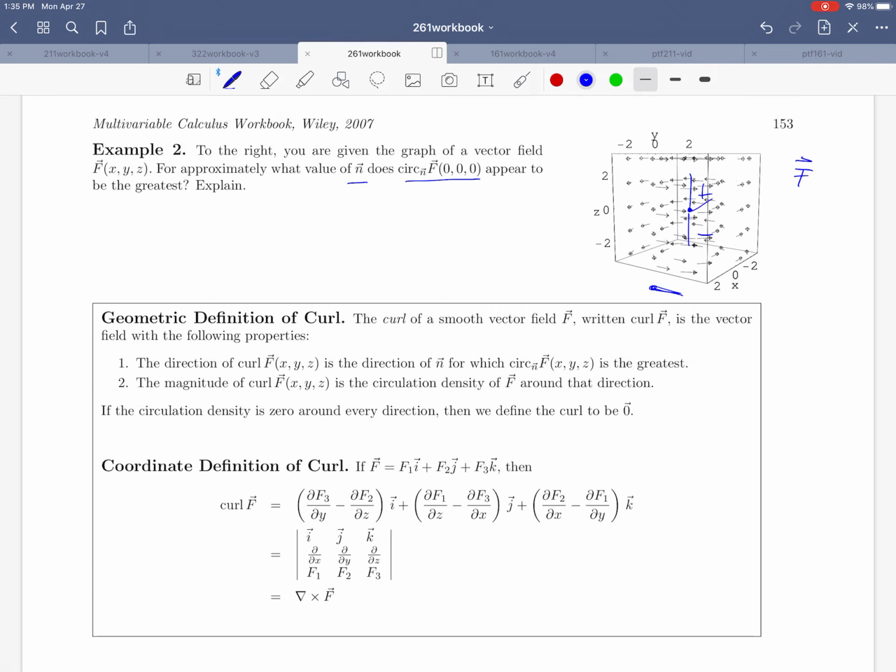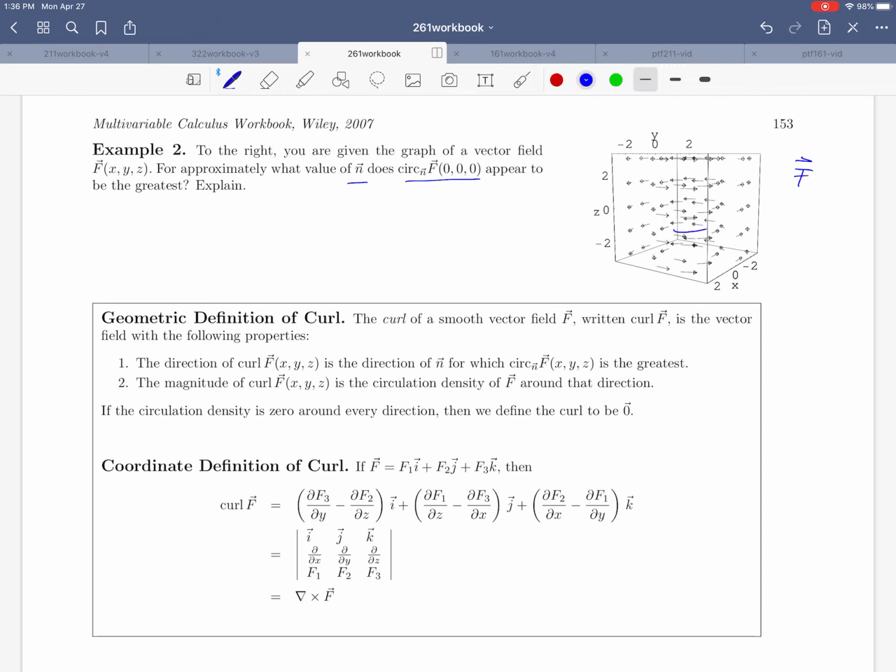We didn't really look at what happens when we are pointing in directions other than straight up, down, or in the direction of the y-axis, but you can imagine that we could do that as well. And now the question is, which of those directions would give us the greatest circulation density? Okay, I'll let you think about that while I'm erasing.